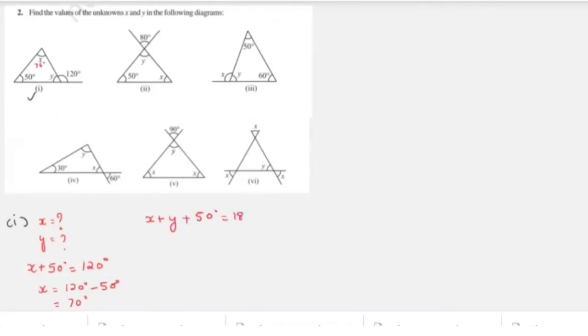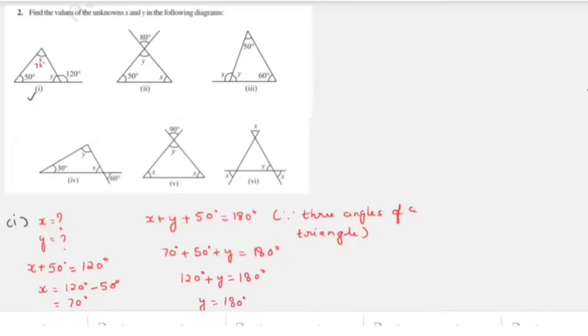So the value of x is 70 degree. The value of y can be found out using the angle sum property of the triangle. That means x plus y plus 50 degree. The value of x is 70 degree. So we can easily find out the value of y, which is 60 degree.